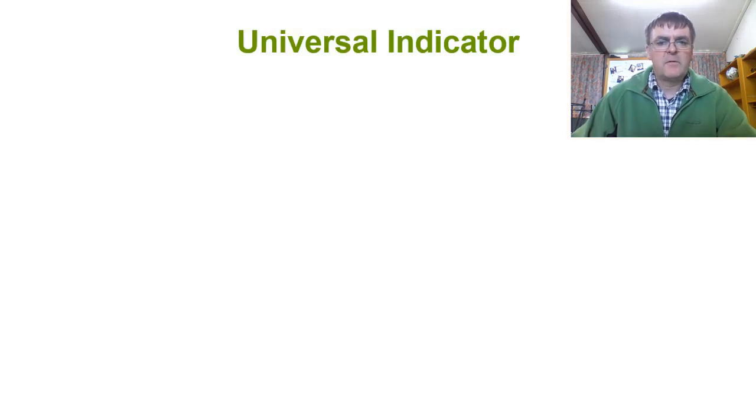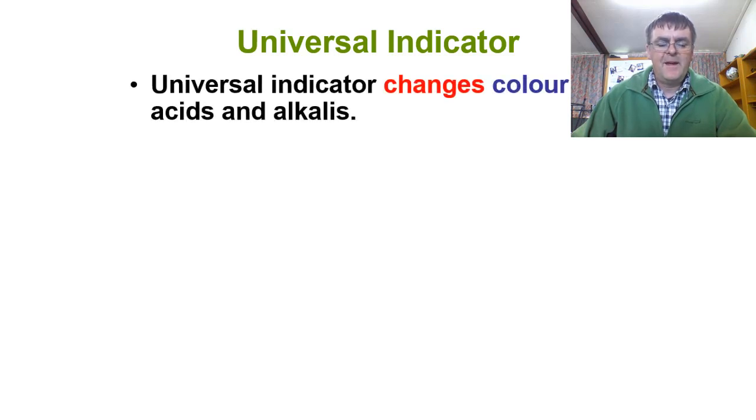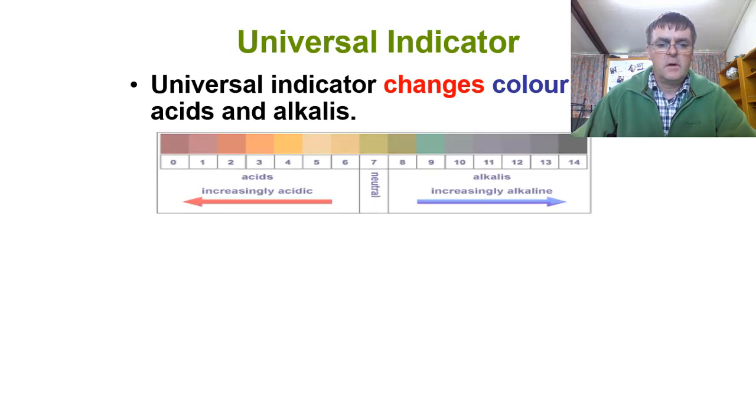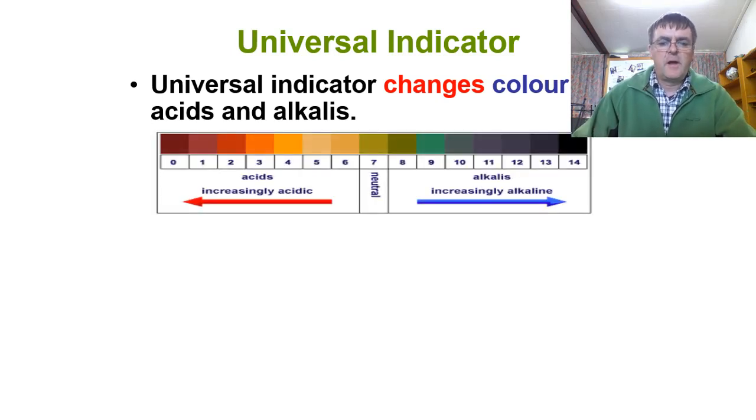The other one you'll probably meet in the science lab is called universal indicator. It's actually made of a variety of different indicators together, and it has a range of colours. Here's the universal indicator colour chart, and it ranges from a deep red in acid.